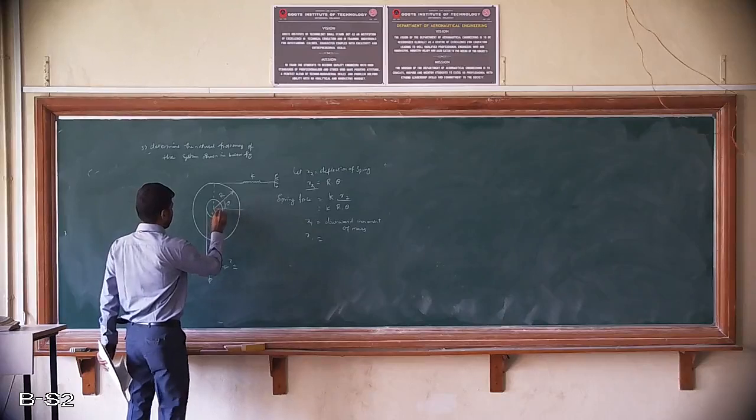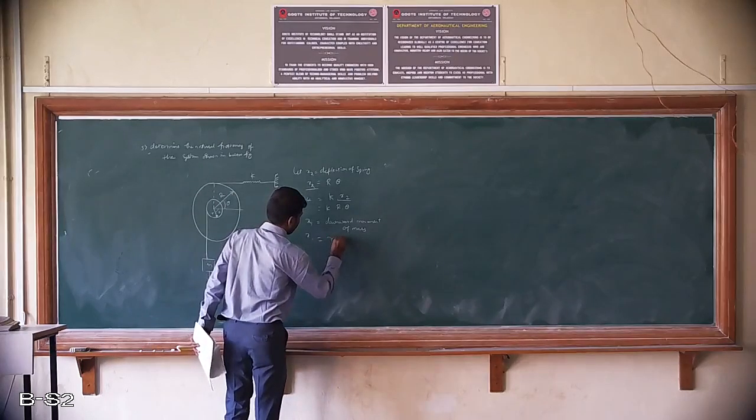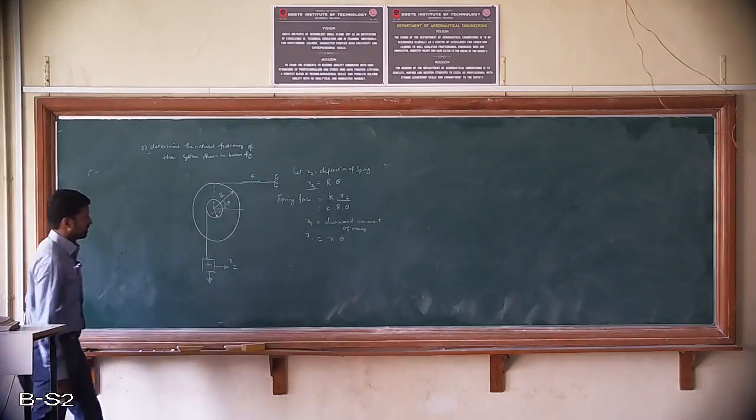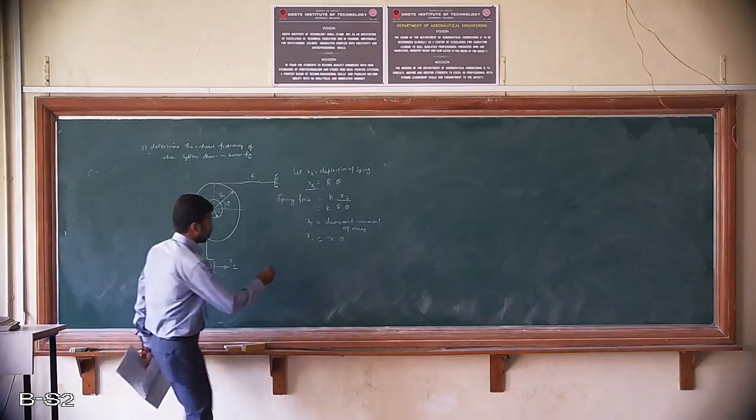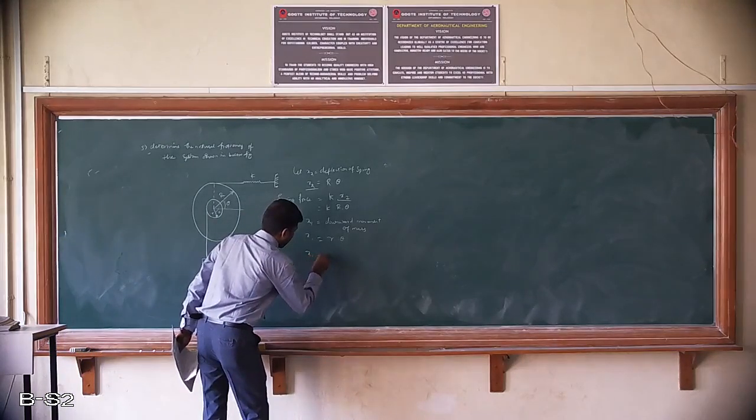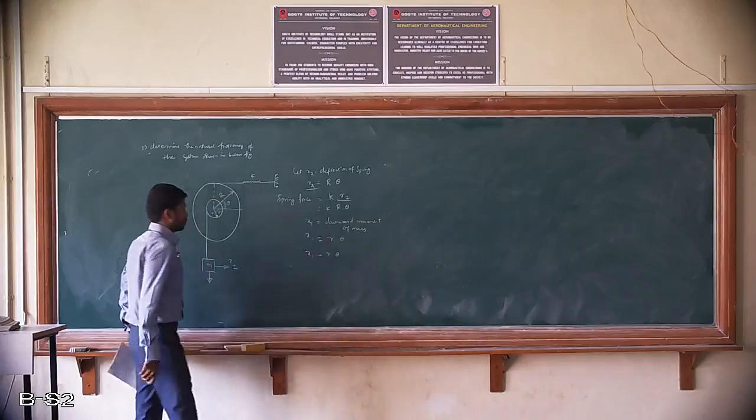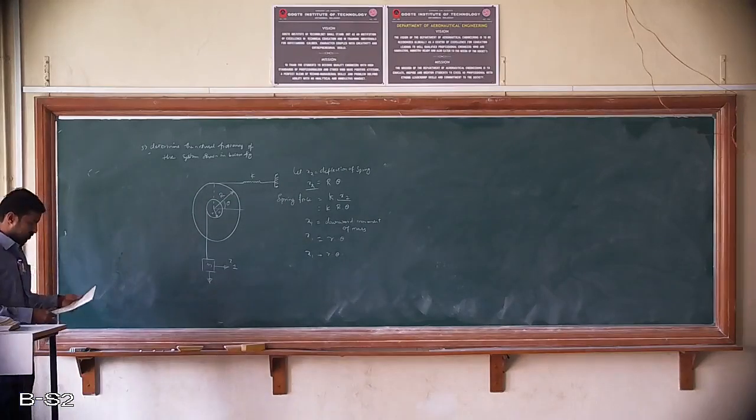It moves with the small radius r and inclination theta. So therefore x1 is equal to r into theta.